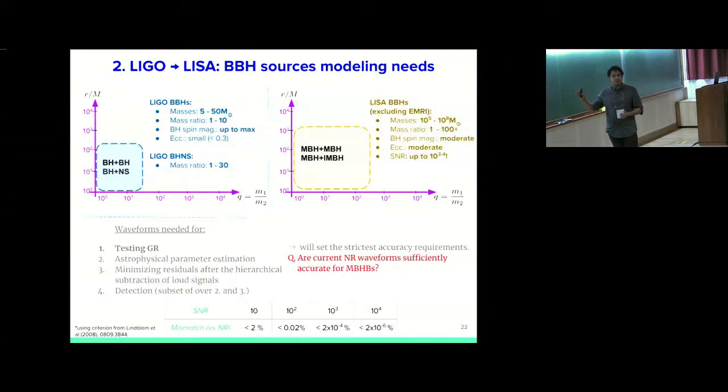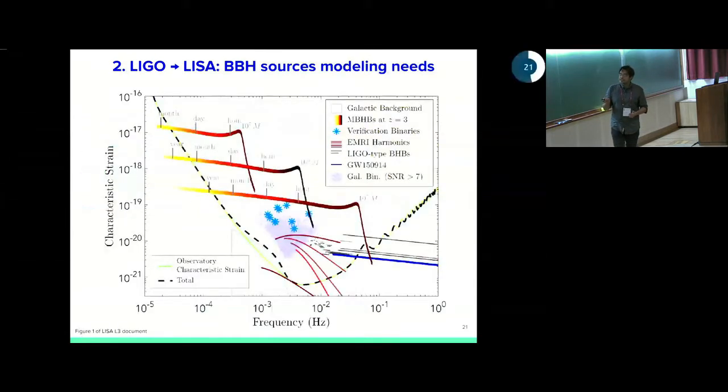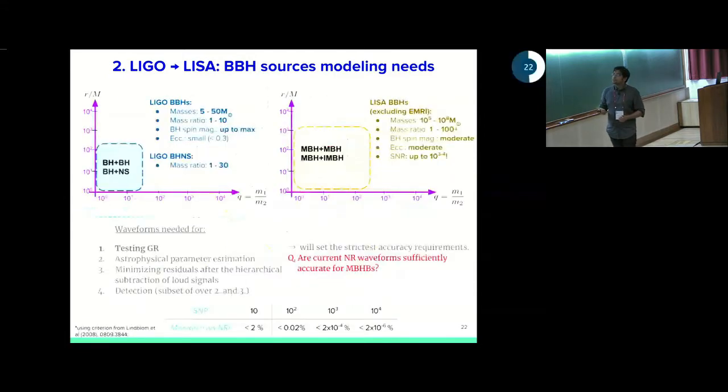And if we do not have a very good model for those signals, then the residuals alone will interfere with our understanding of any of the lesser loud gravitational waves that are present in data. So the question remains, are our current models, are our numerical waveforms even currently sufficient for seeing and extracting physics out of these supermassive black hole mergers?